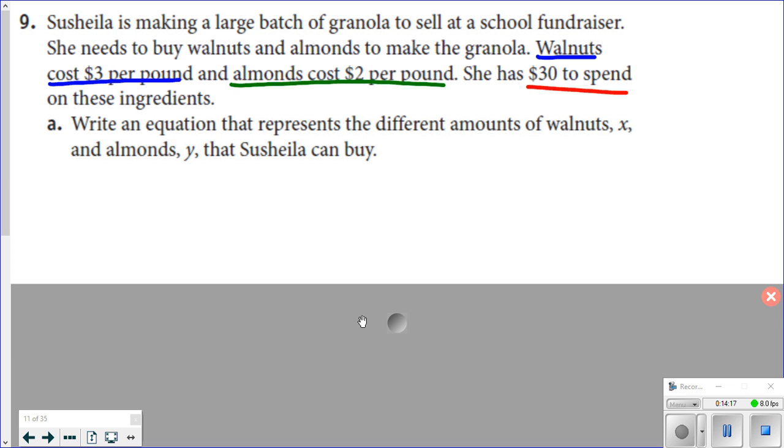Question A says write an equation to represent the different amounts of walnuts X and almonds Y that Sushila can buy. All right, we are going to write this in standard form. So AX plus BY equals C. So let's look at what I underlined in blue first, which is walnuts.